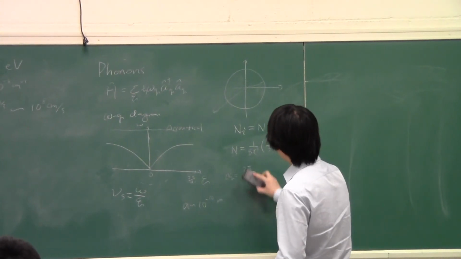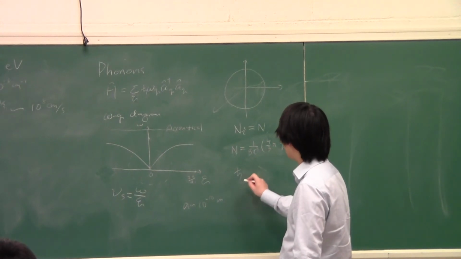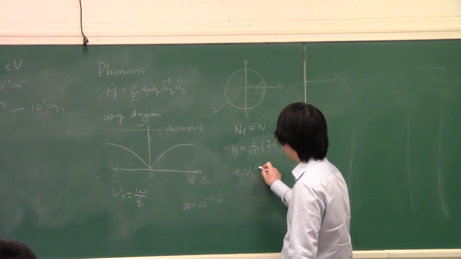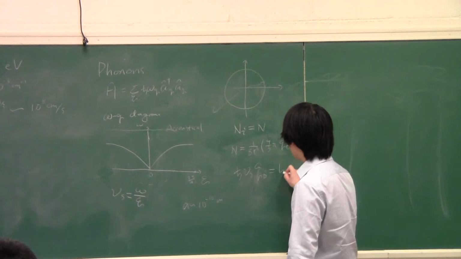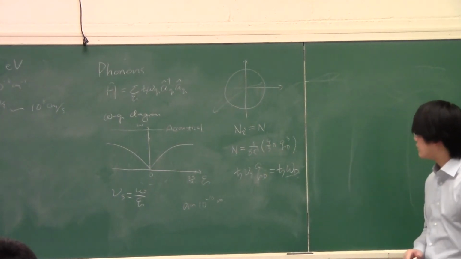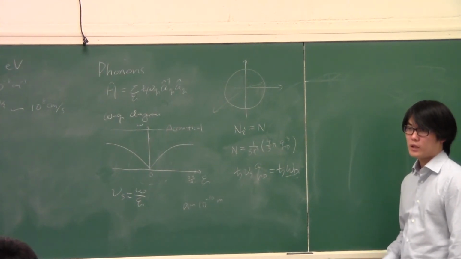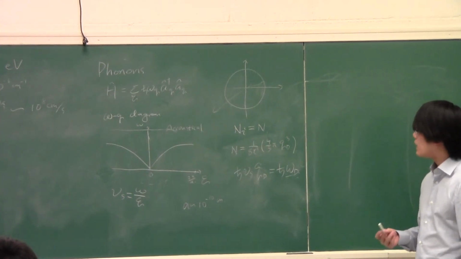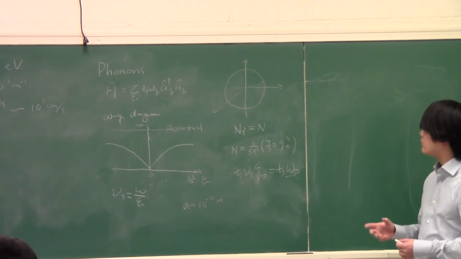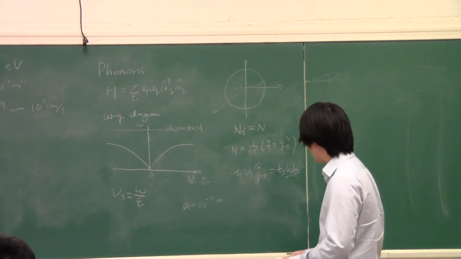And based on the Debye sphere, we get that h bar v_s q_D is equal to h bar omega_D. This is called the Debye frequency, and this is called the Debye energy, which is the energy of the most energetic acoustical phonons.